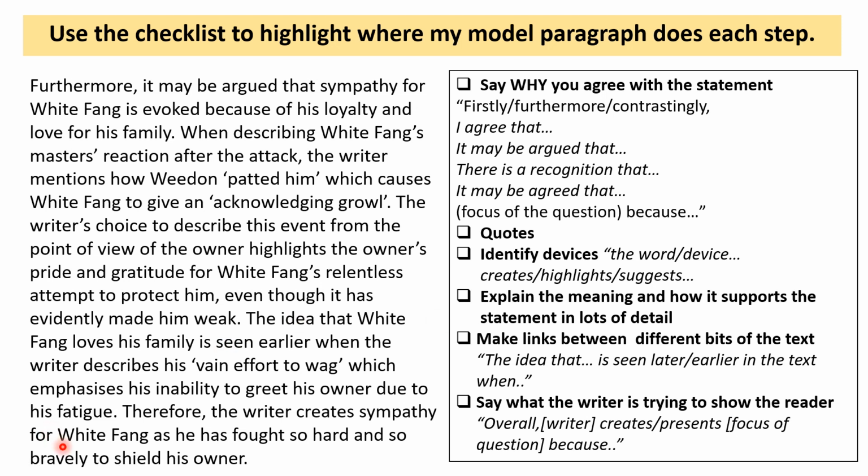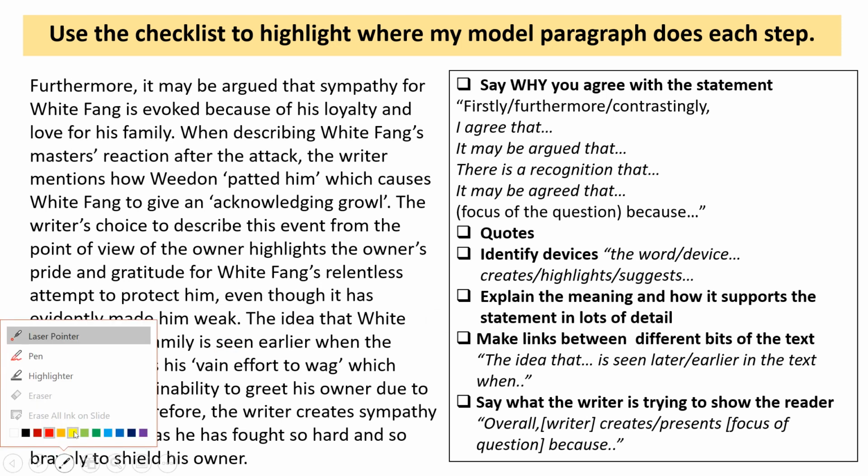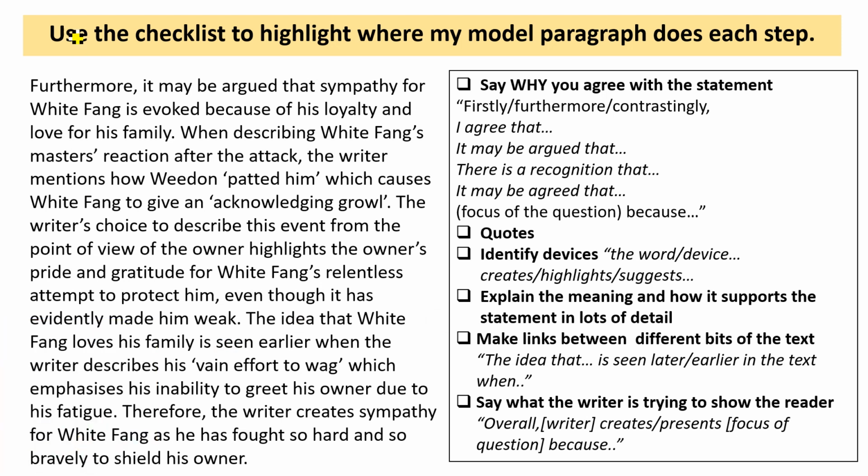So we have the why I agree with the statement, this bit here. Furthermore, it may be argued that sympathy for White Fang is evoked because of his loyalty and love for his family. And notice at this point it's a different point.